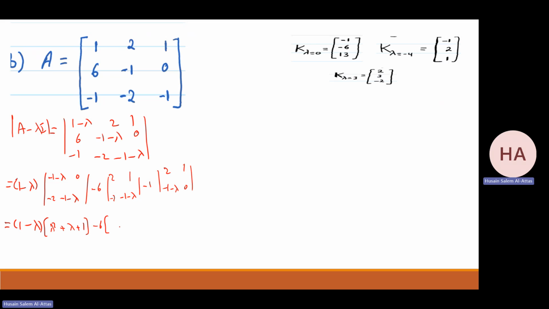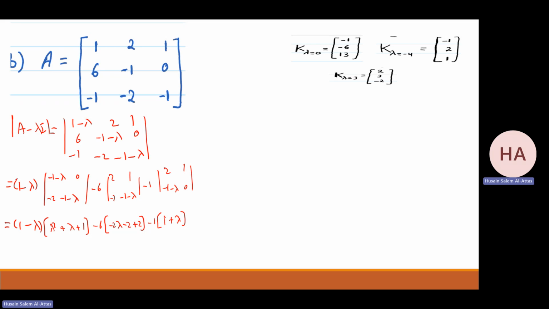Minus 6, I have what here? Minus 2 lambda minus 2 plus 2. Yes, minus 2 lambda plus 2. Minus 1 times what? 0, 1 plus lambda.